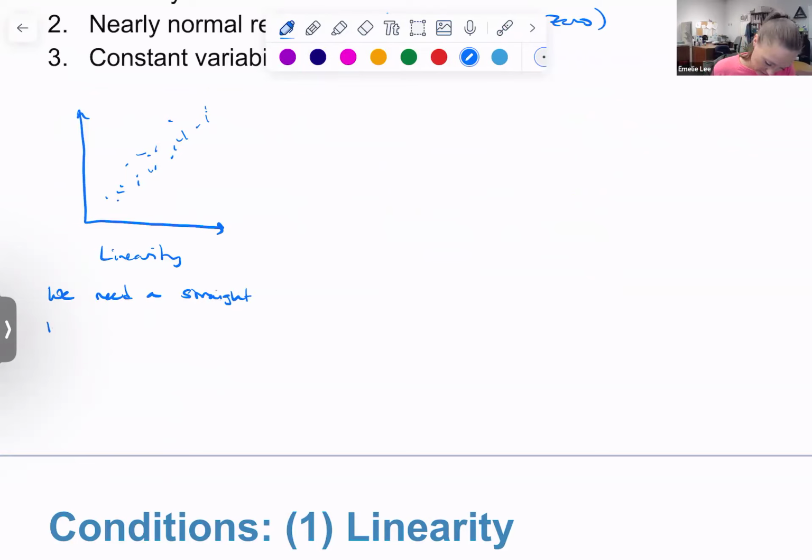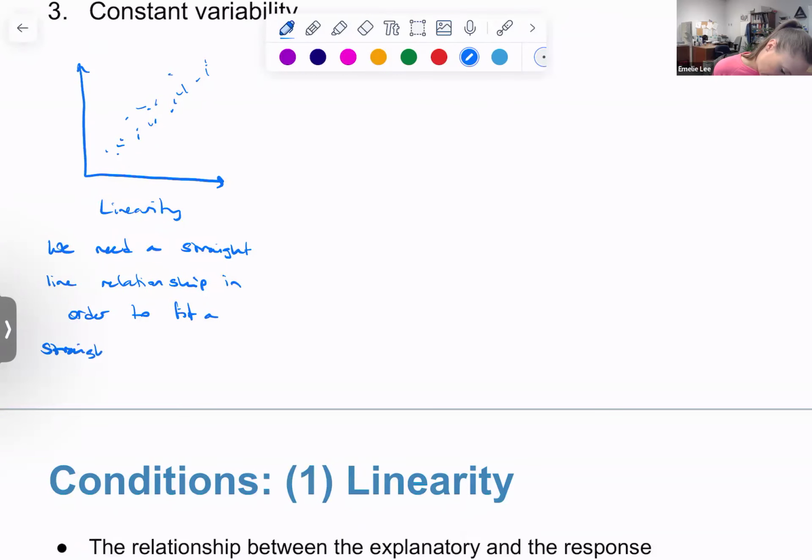We need a straight line relationship in order to fit a line. A straight line model. I'll start sprinkling that term in, model, okay, because that's what the line is.